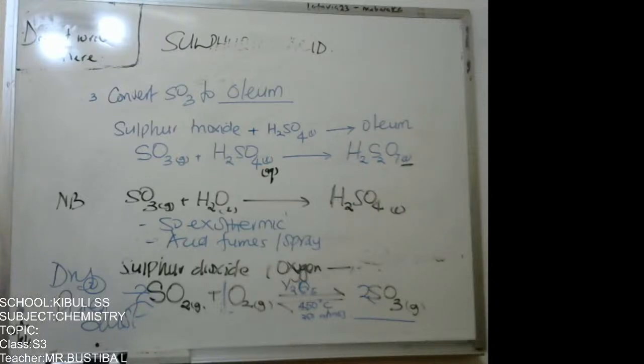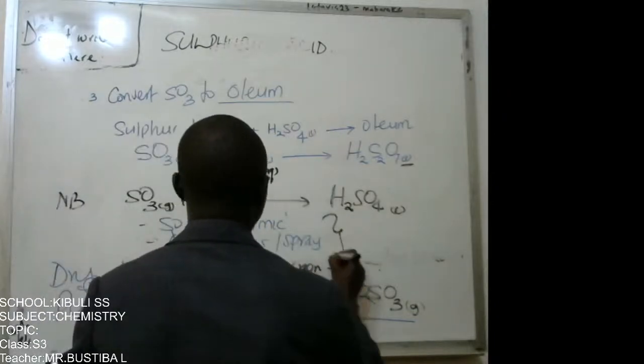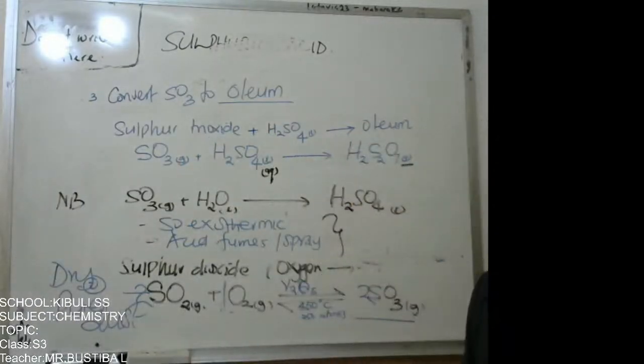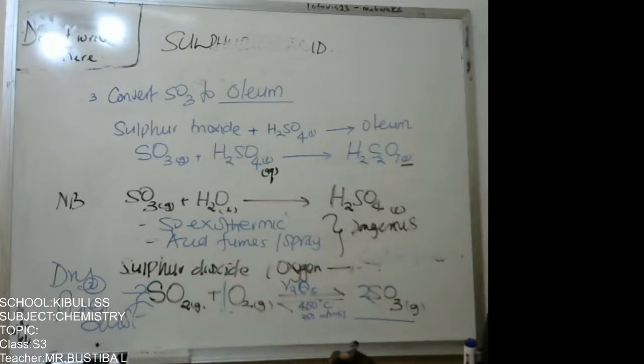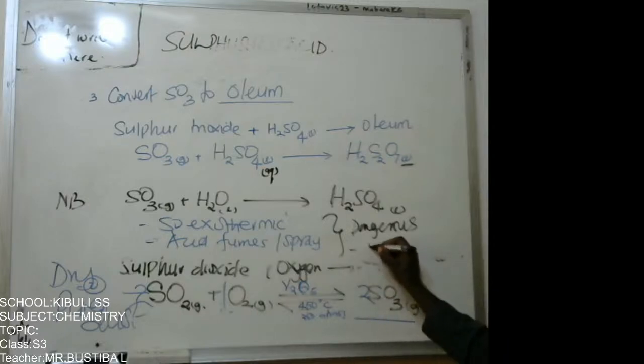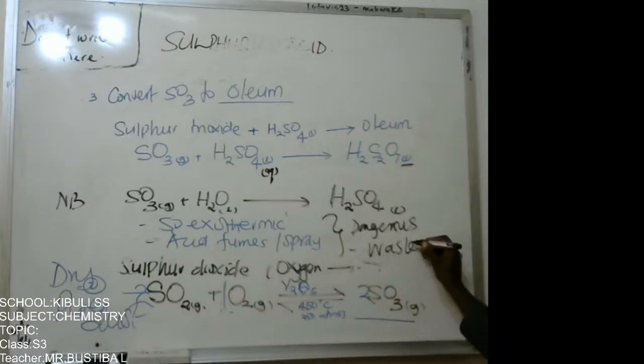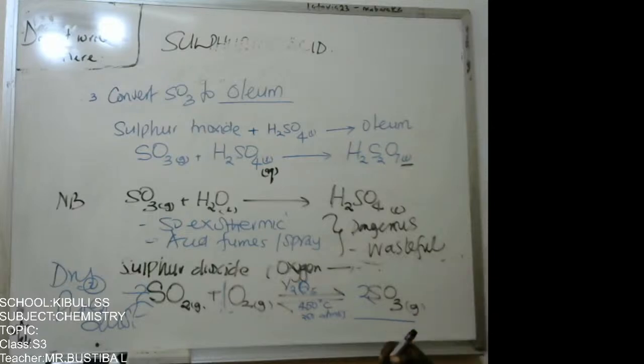And remember, sulfuric acid is very dangerous. So what's the effect of this? Number 1, it becomes dangerous to the person preparing. Acid corrodes. All the materials will be corroded. Number 2, it becomes a wasteful process. A lot of acid is lost.